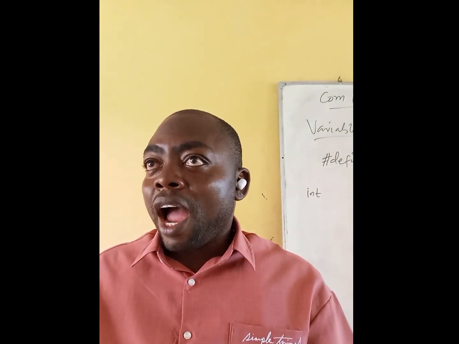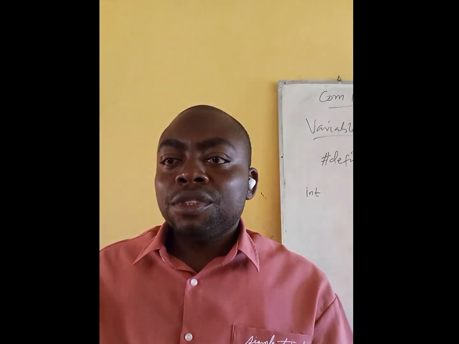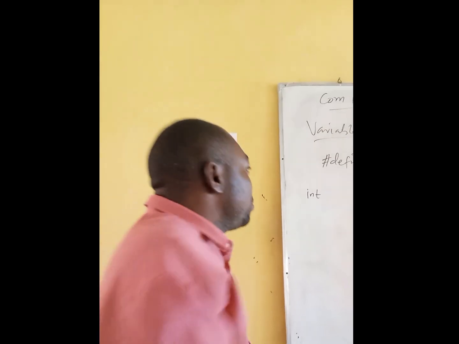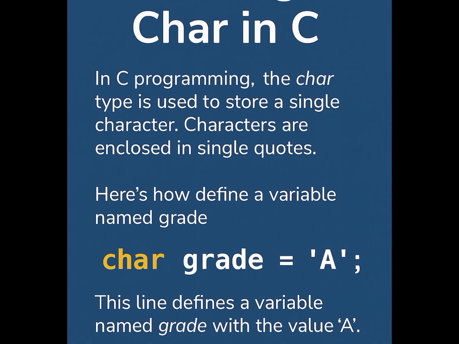Then we have char. Some people pronounce it char. C-H-A-R, which is character. This is used for single characters, for example A, and it's always placed within single quotes.